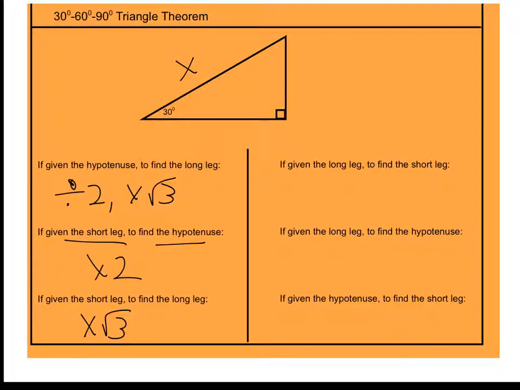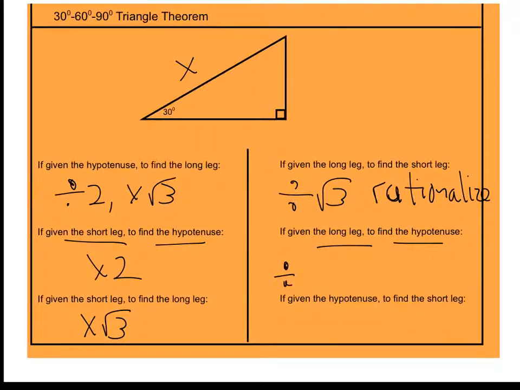If given the long leg to find the short leg, you need to divide by square root of 3. That again is going to involve some rationalization, which means getting rid of the square root in the denominator. Given the long leg, to find the hypotenuse, you divide by square root of 3 and then multiply by 2. Given the hypotenuse, to find the short leg, you just divide by 2. Keep this page handy for yourself.